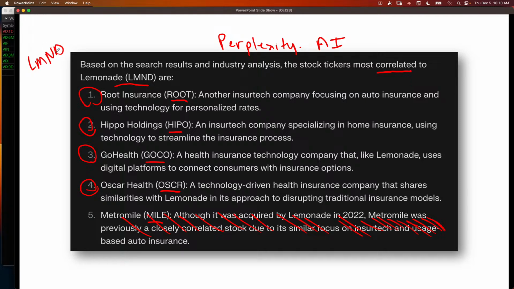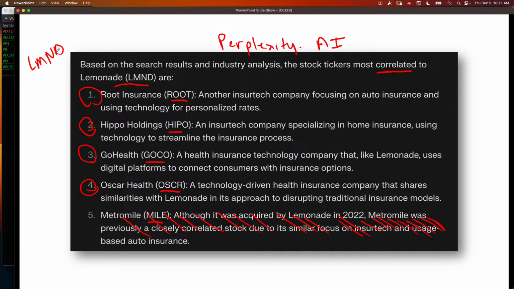Now, as option traders, I want to look for names that have optionality. And again, I'm going over this because this is the exact research that I do before I share any trade with our members. This is the process that I go through.